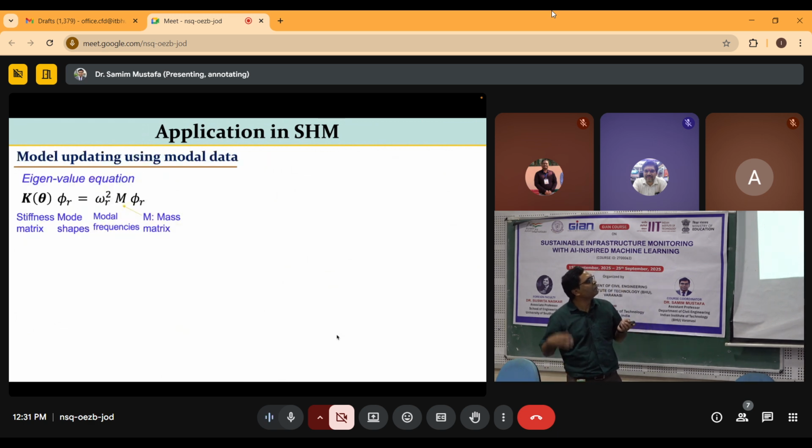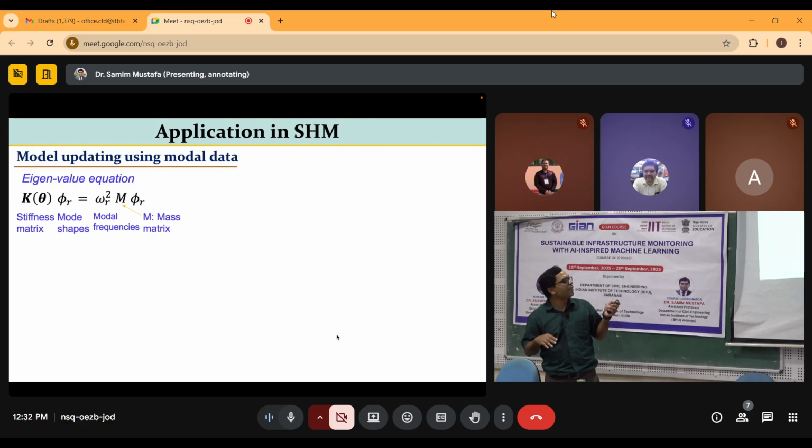So in terms of structural health monitoring, let me tell you, what do we have? Any dynamic system is characterized by the eigen equation. That is K multiplied by the mode shape phi_r equals omega squared, meaning modal frequency squared, times M and phi_r. That is the well-known eigen equation, right?